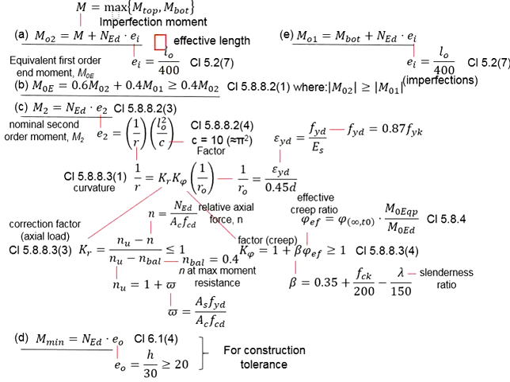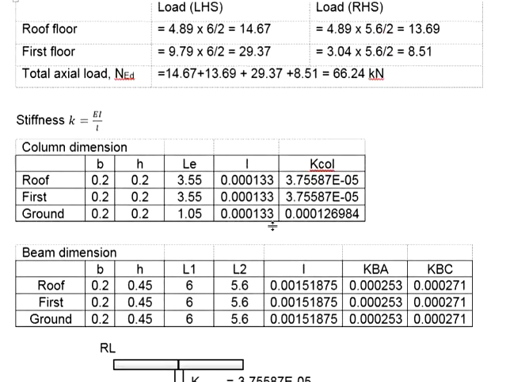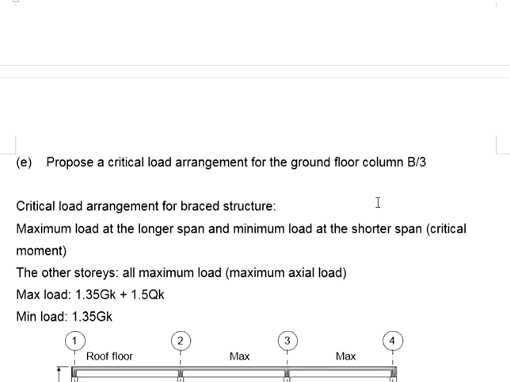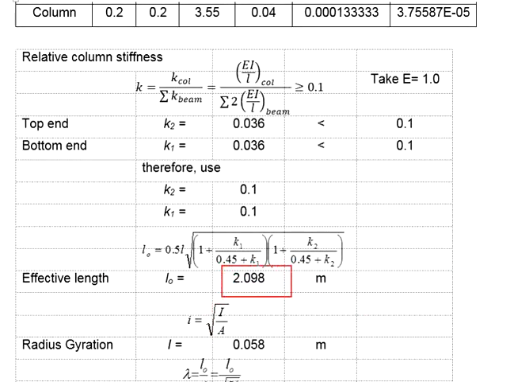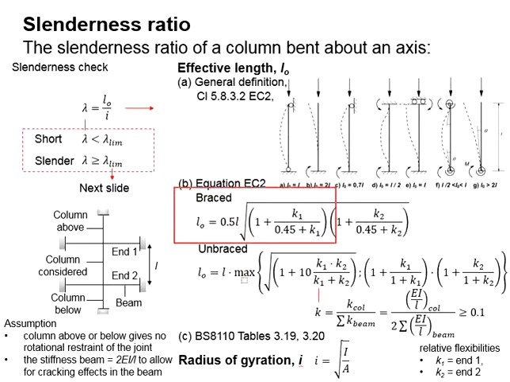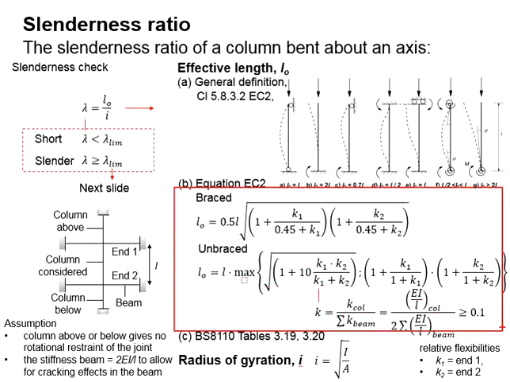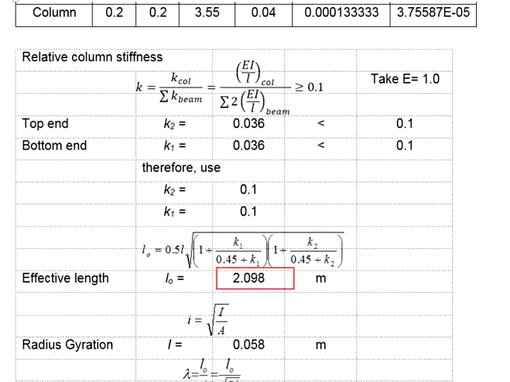Now, where do we get this effective length? Remember previously when we determined the slenderness of the column, we calculated the effective length. There is a formula for us to calculate the effective length depending on the type of the column, braced or unbraced. The effective length is 2.098 meter.